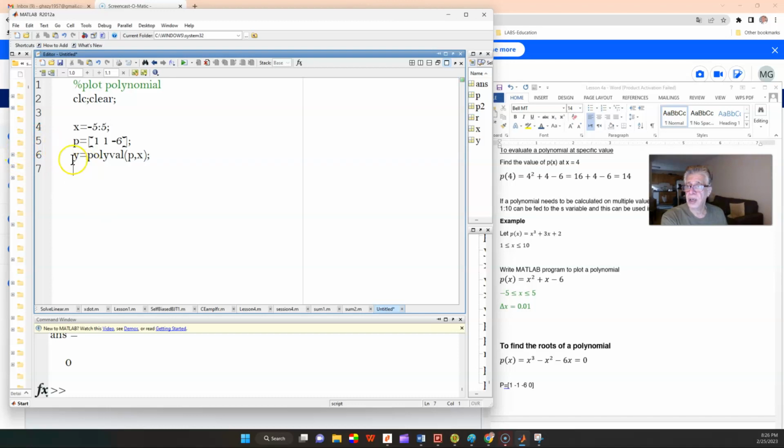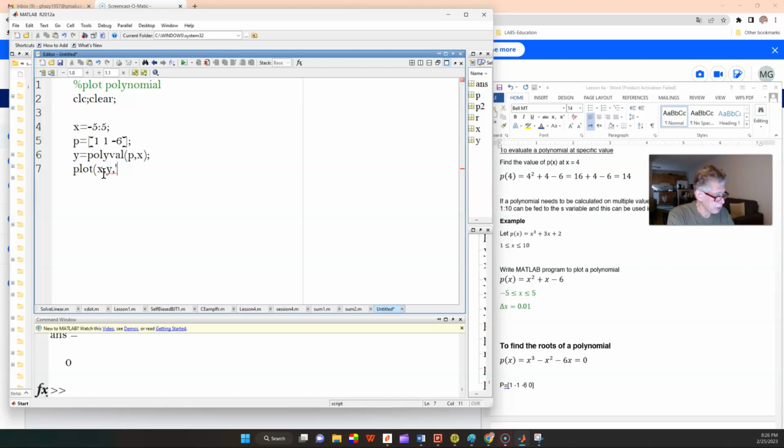So this y will give you the corresponding values of p for every single value of x. Great. Now you have two vectors with equal elements. You can plot y against x by using the plot command. So plot x, y.